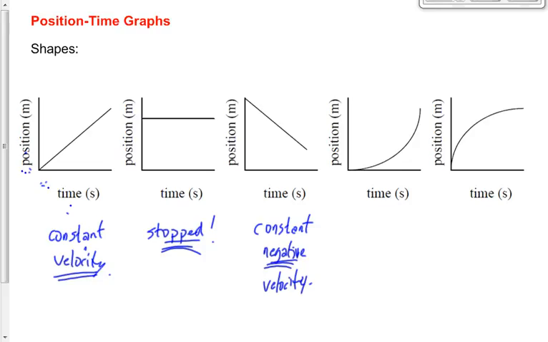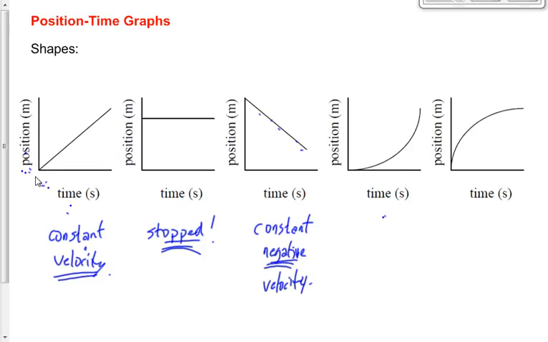Position keeps getting smaller and smaller and smaller. I'm not going backwards. I'm not driving from Calgary to Okotoks in reverse. I'm going forwards, but I'm going in the negative direction, the south direction, or whatever direction we represent as negative. Constant negative velocity. Constant backwards velocity. Not cars going backwards, but going in the backwards direction.